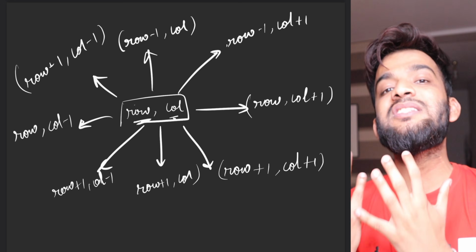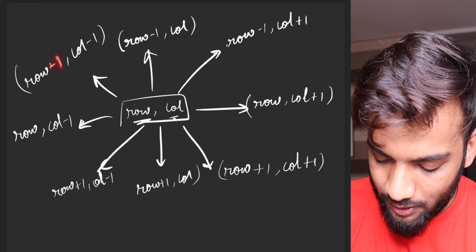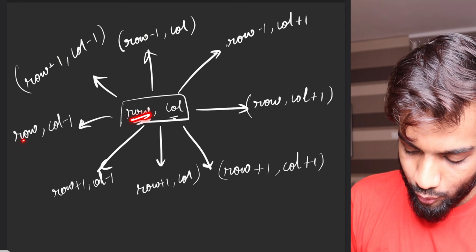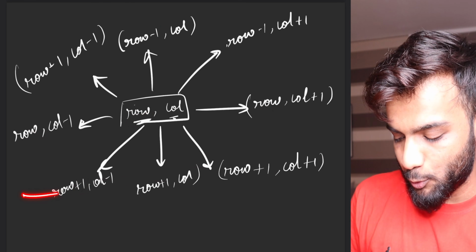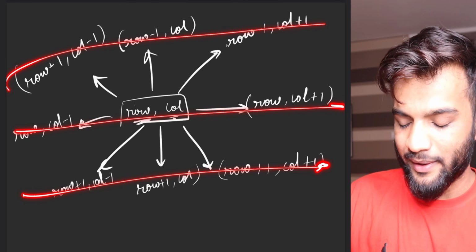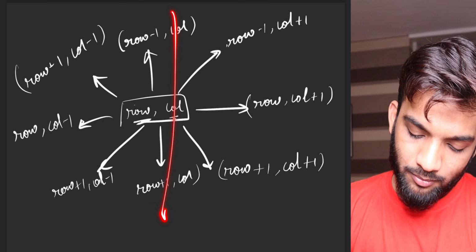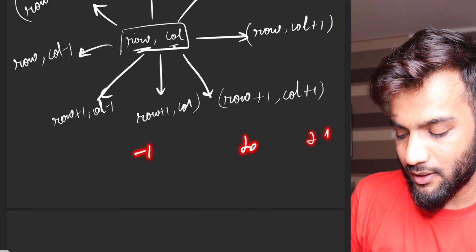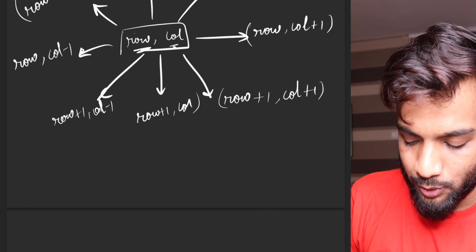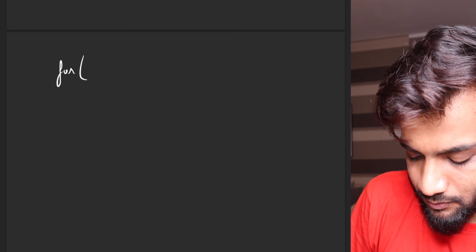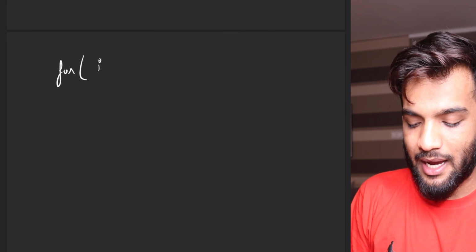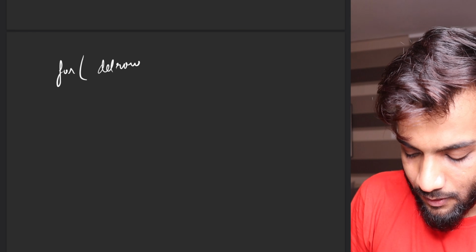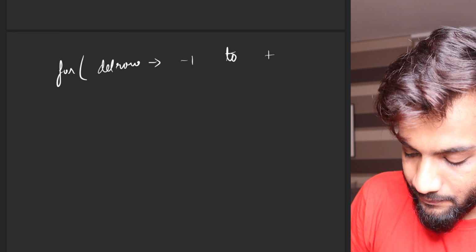Perfect. So if you carefully see, how is row varying? It's row minus 1, or row, or row plus 1. This portion is row plus 1, this is row, and this is row minus 1. How is column varying? This is column minus 1, and column plus 1. So everything is varying from minus 1 to plus 1 in both row and columns, right? So what you'll do is, you'll run a couple of loops, and you can call it delta row, which goes from minus 1 to plus 1.